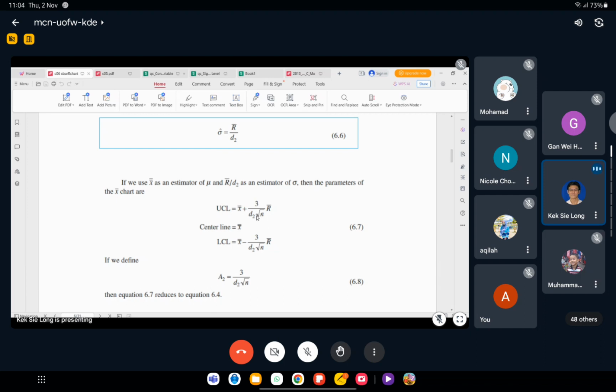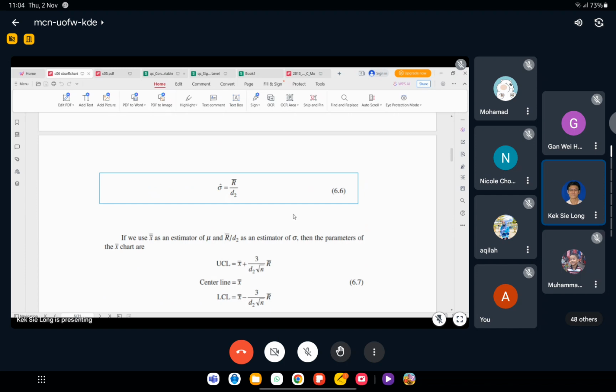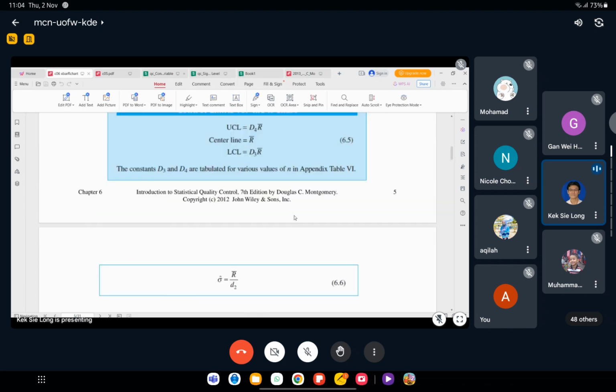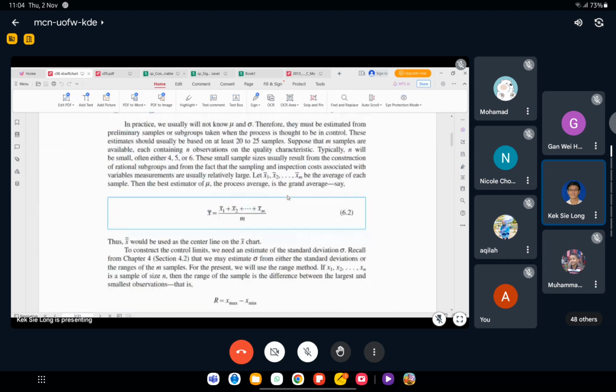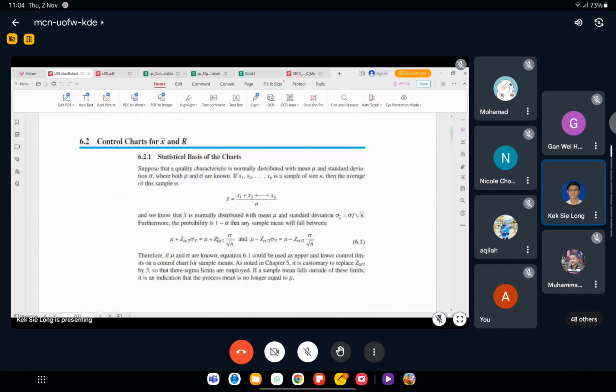Then why do we have the extra square root of n? If you put R bar divided by D2, where does the square root of n come from? Is it from here? Okay, from here we have the square root of n.